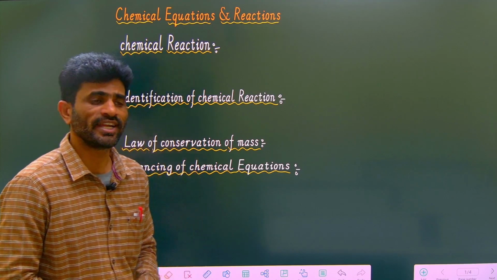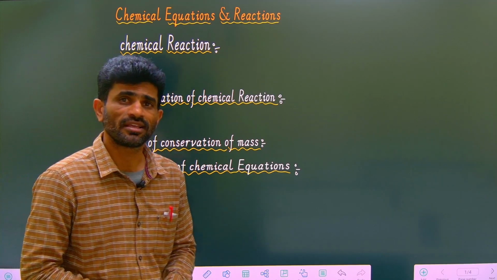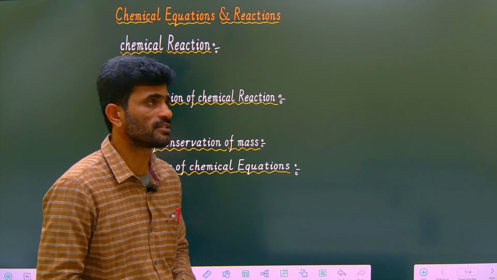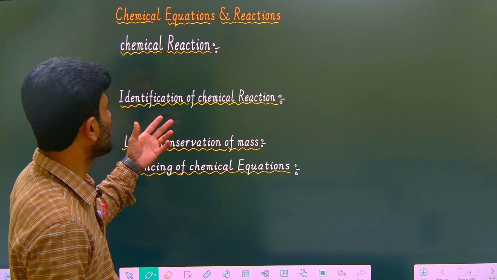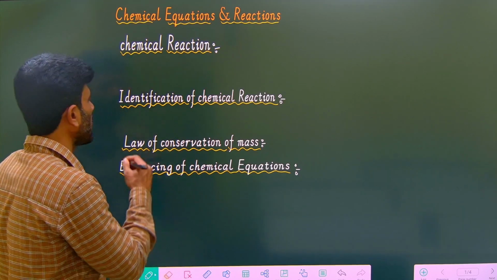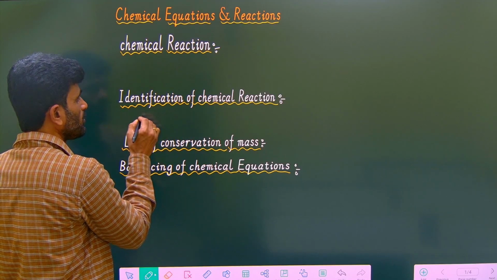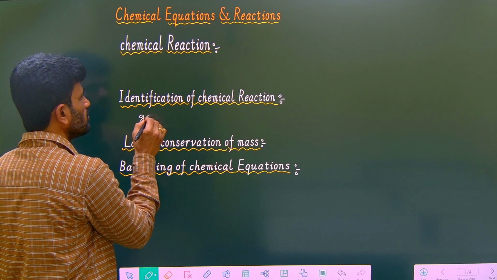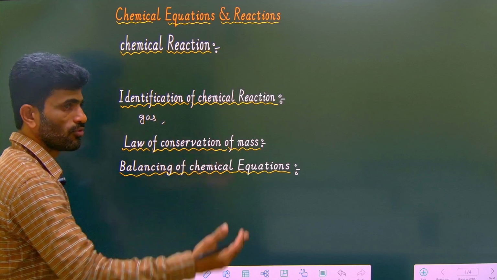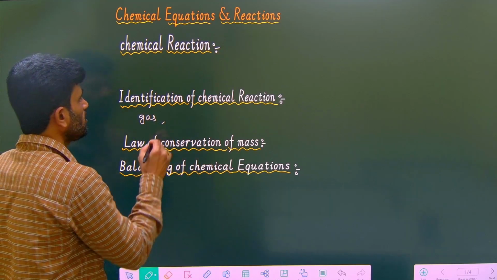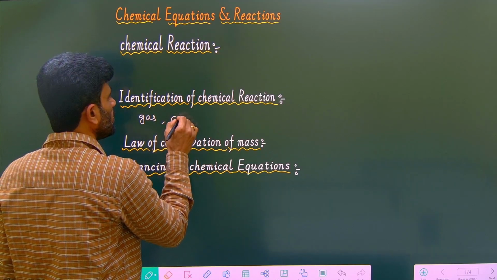Then how do we identify that a chemical reaction has taken place? A chemical reaction can be identified by observing these things. Is there any gas evolved after the reaction? Is there any change in the color?